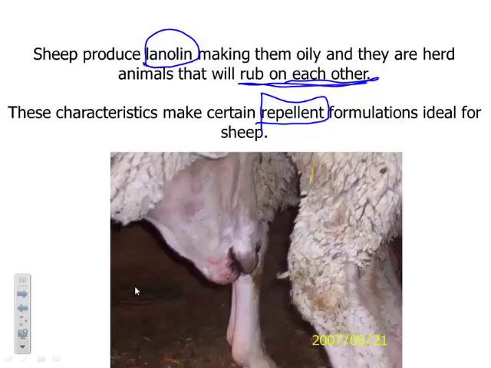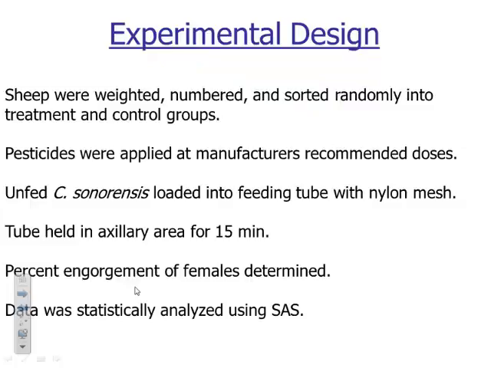You can actually miss target animals, and they still treat each other. So we wanted to see if we could apply some relatively long-lasting, not super cheap, but very cheap insecticide repellents to sheep effectively, and see if this could be used to control bluetongue.